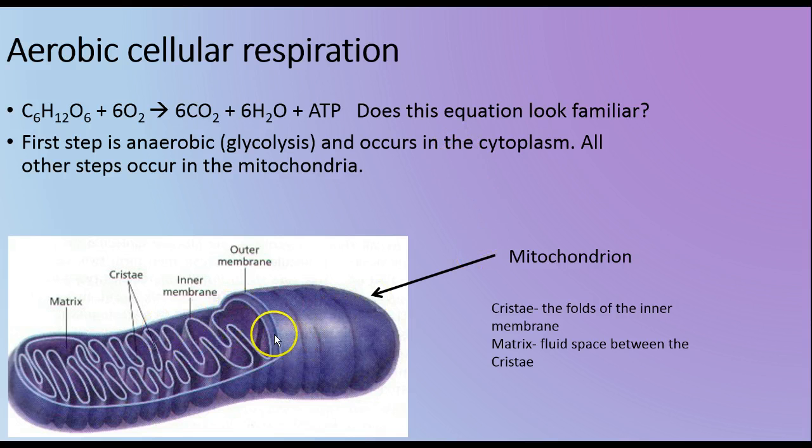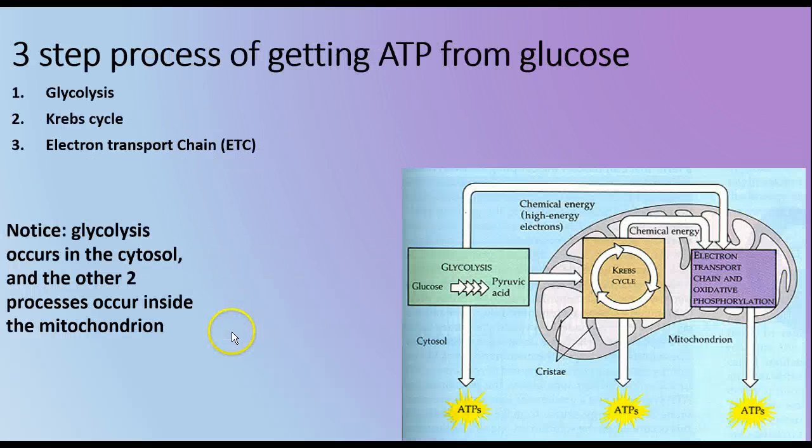The parts of the mitochondria, which most of this occurs in, remember the mitochondrion is the double membrane organelle. It's got the outer membrane and it's got the inner membrane arranged in folds called cristae. So two of the three parts of respiration occur inside the mitochondria.